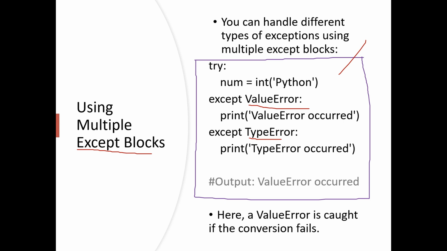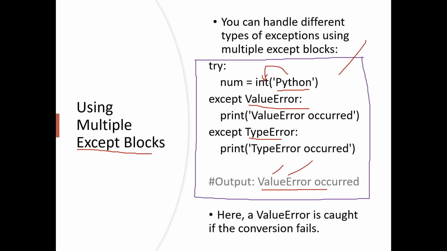When we execute this code, we get the output value error occurred, as we have provided a string to be converted into int, which is not possible. Instead of Python, if the string had any numeric values, we could convert that number to int. As we cannot convert any alphabet into numeric, we get this value error.